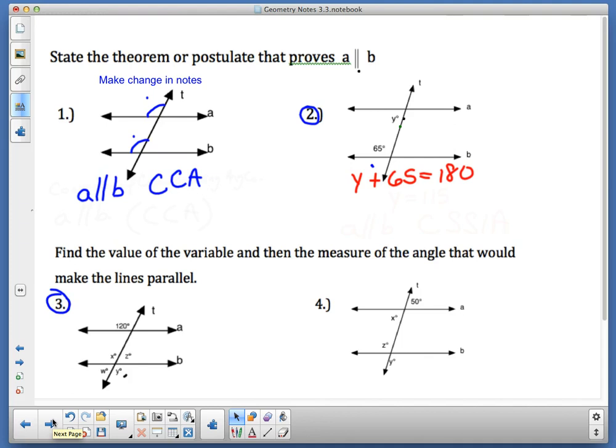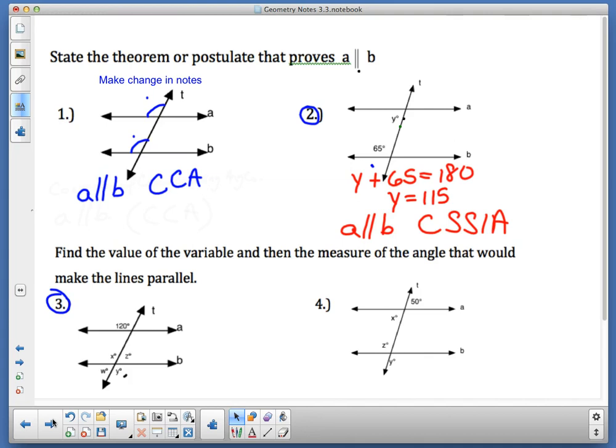Now I solve for y, and that's 115. Now state the theorem or postulate that proves A is parallel to B. If y is 115, then these two lines, A and B, are parallel by the converse of the same side interior angles. That's how I know it.